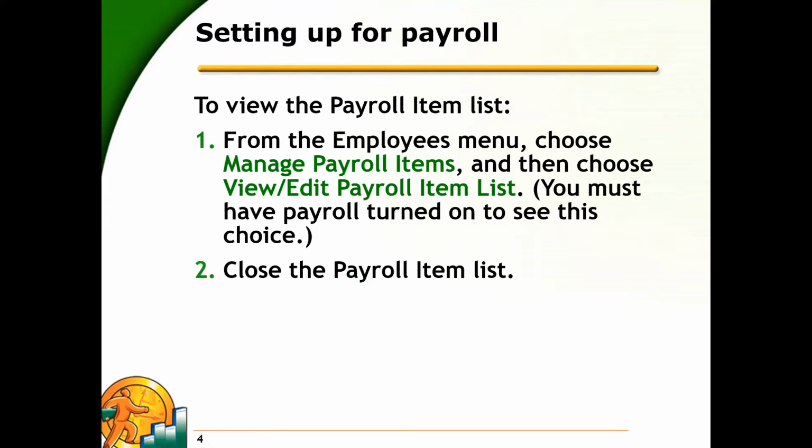You must have payroll turned on to have this choice. So again, going into the preferences and turning on payroll processing first is key. If you attempt this without it, the system is going to tell you that you have not turned on the payroll system, much like the notification you saw pop up on my screen when we initially started this process. Once you're there, you can click on Close to close the Payroll Item List.